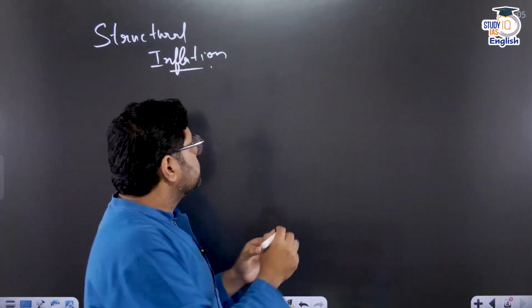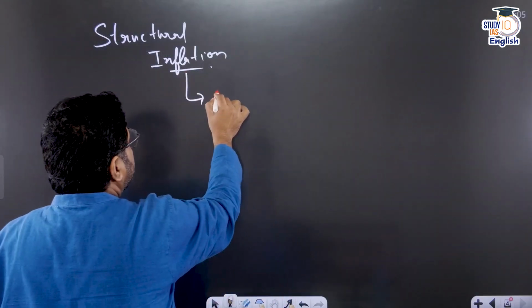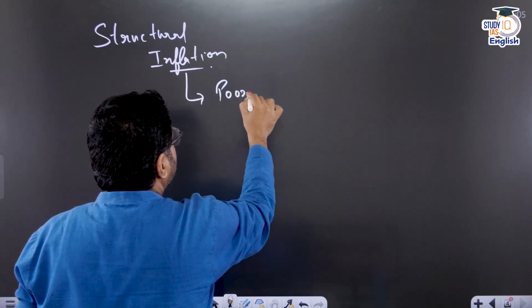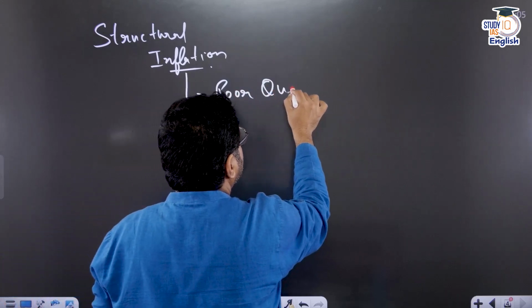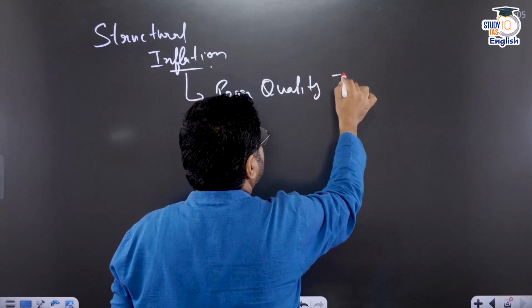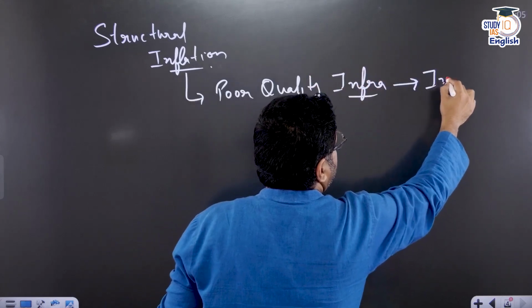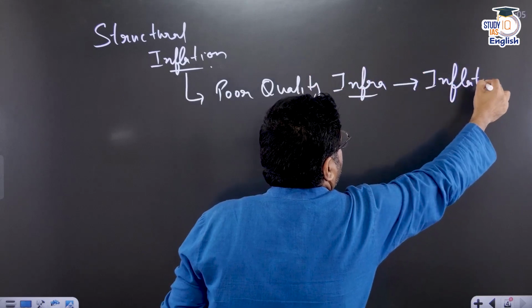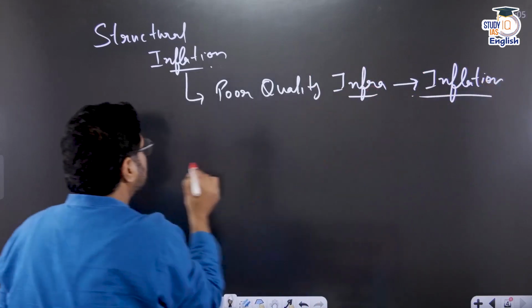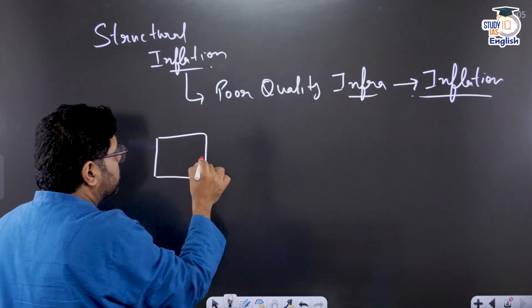Poor quality infrastructure is responsible for inflation. This is what you have to remember here. Now when I am saying poor quality, we can understand with one example.